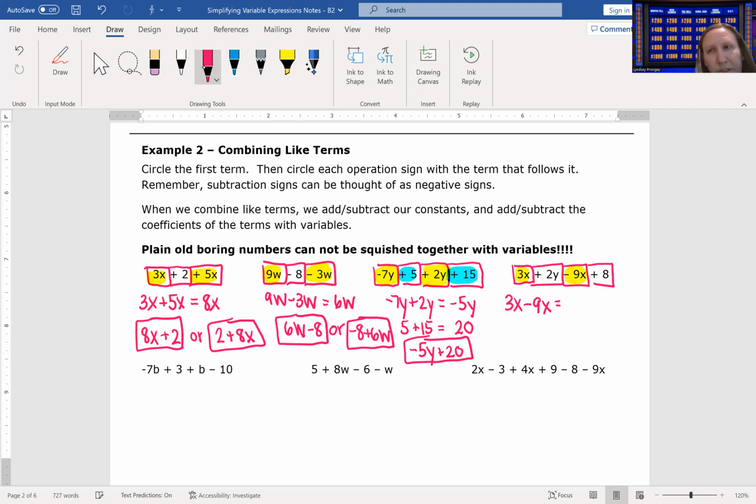Use your integer rules. 3 and a negative 9, signs are different, subtract. This would give us negative 6x. And then my other two pieces, I have nothing to combine them with. So my final answer here is actually going to have three pieces, the x's, the y's, and the constants. So I'm going to say negative 6x plus 2y and plus 8.